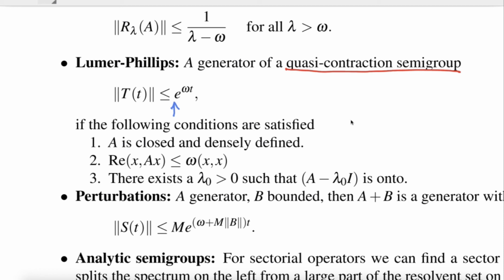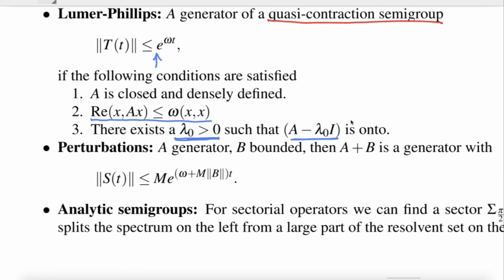So A is closed and densely defined, same as before. But then we just need to estimate the real part of the inner product of x and Ax, with this growth bound omega. And we need to find one resolvent. A little bit more general, we need to find one lambda 0 so that A minus lambda 0 I is onto. In most cases, we actually do find a lambda 0 where we can find the full resolvent. And then this will be onto anyways.